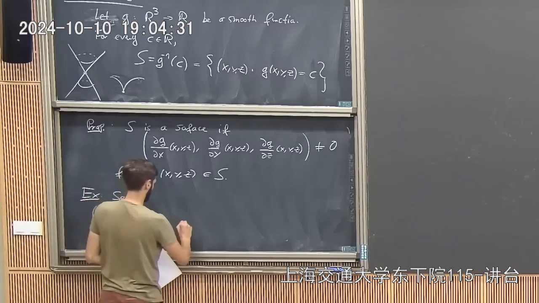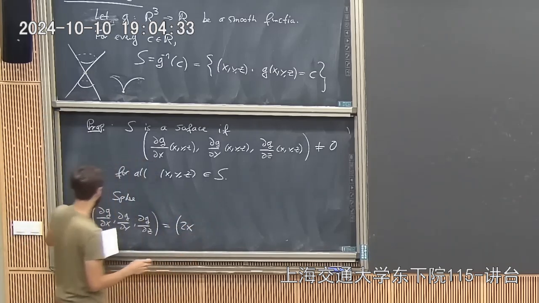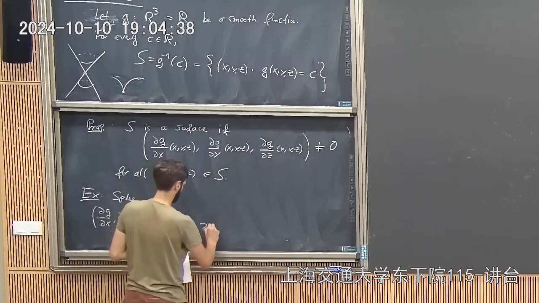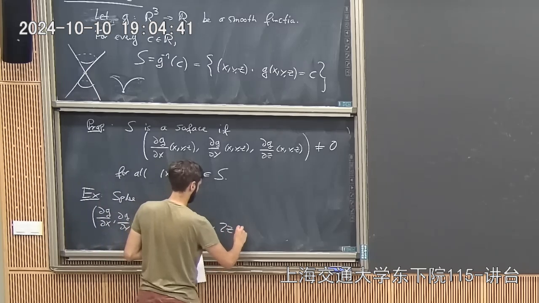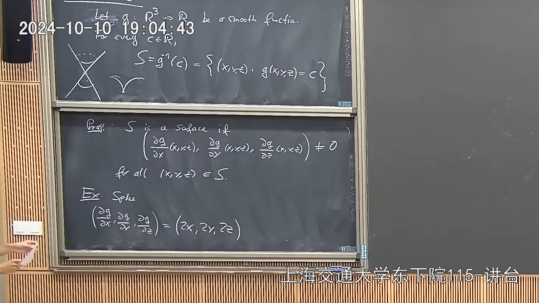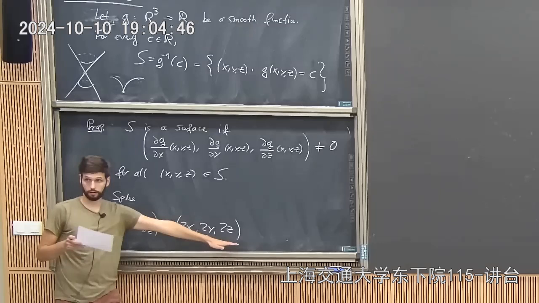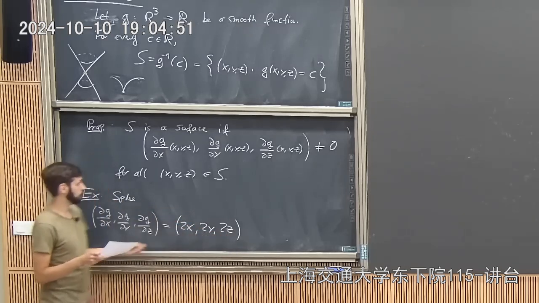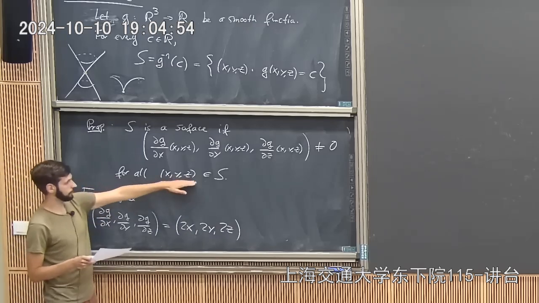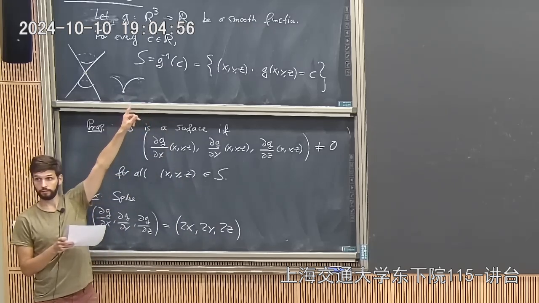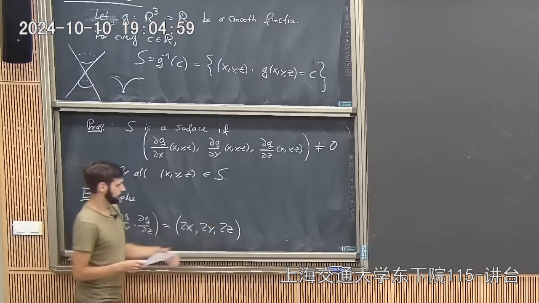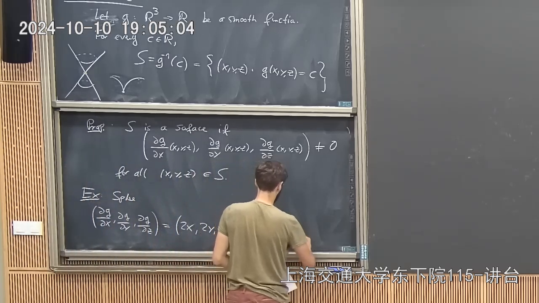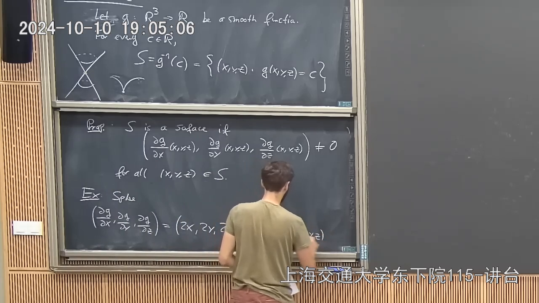What you get is 2x in the first component, where we take the derivative with respect to x, then you take it with respect to y, and with respect to z. You would say, of course, this one can be 0, right? It can be 0 at the point where x, y, and z are equal to 0. The point is, however, that x, y, z equals 0 is not on the sphere. So it's never zero.